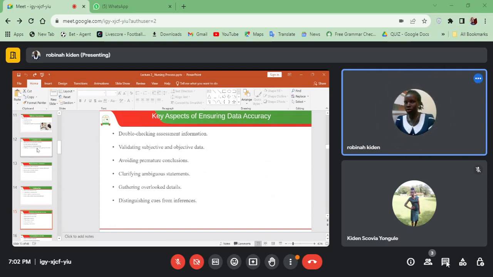Then distinguishing cues from inferences. Cues are like statements that are not confirmed to be true. Then inferences, this already you have evidence that shows that what is being done is true or what is being said is true.